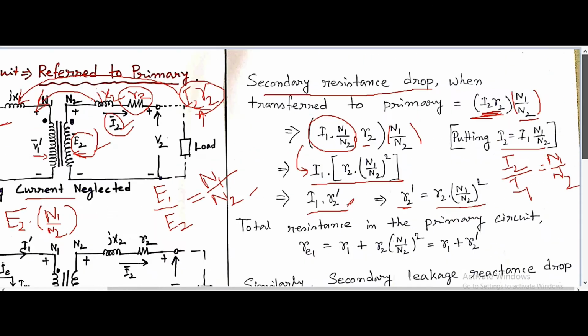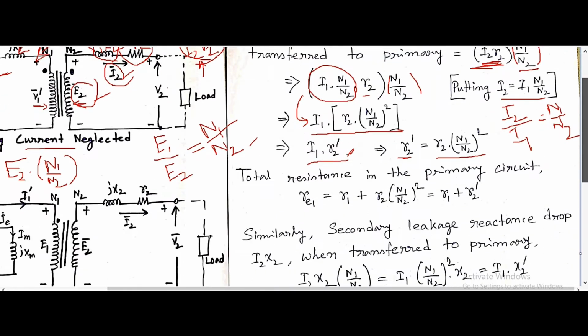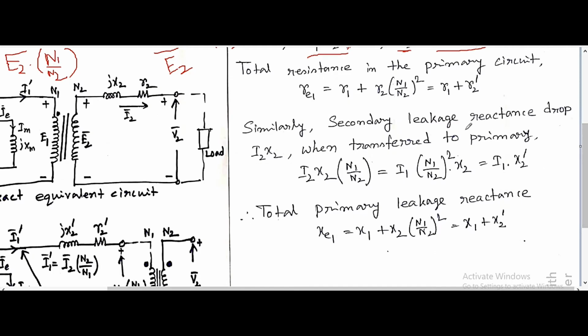Similarly, if we transfer the secondary effective leakage reactance voltage drop to the primary, we again need to multiply I2X2 with N1 by N2, the turns ratio. In the same way, putting I2 as I1 into N1 by N2, we get I1 (N1 by N2) square into X2, that is I1 X2 dash.